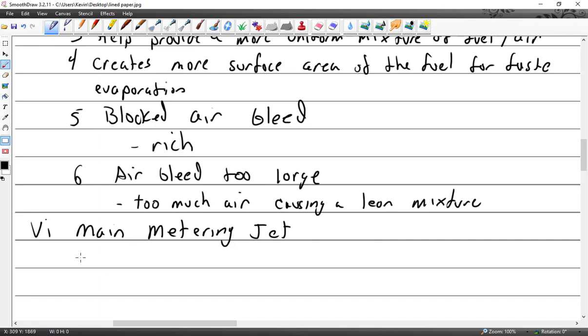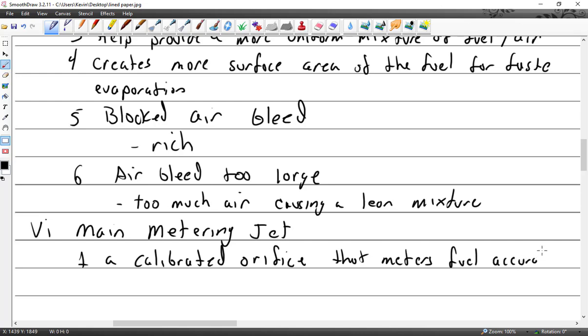So the main metering jet is a calibrated orifice that meters fuel accurately, of course based on the pressure differential between fuel bowl and venturi.